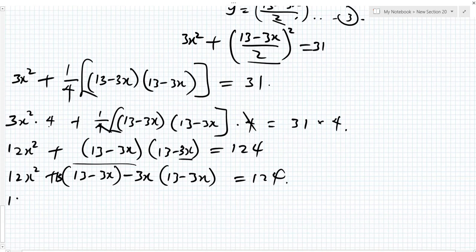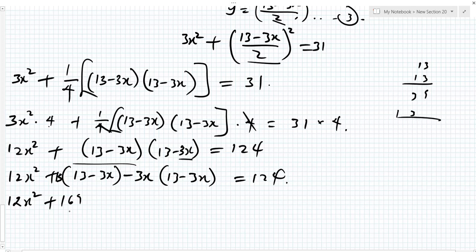Now if you open up the bracket, 13 times 13 will have 196, oh, it's 169, because 13 times 13 is 169.